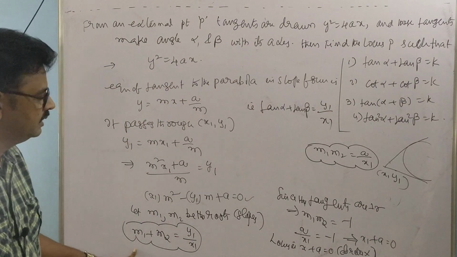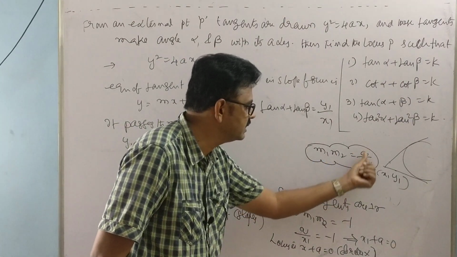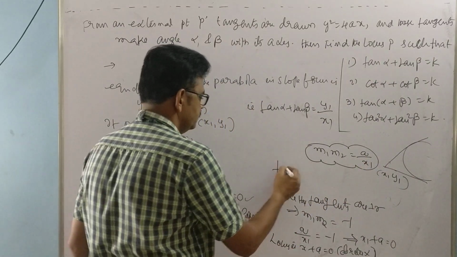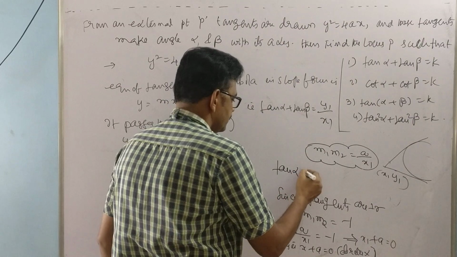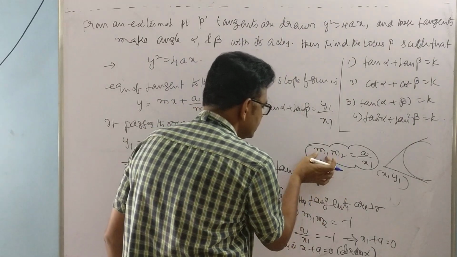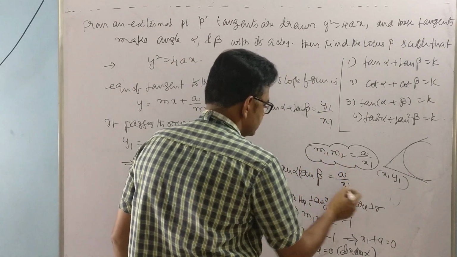The product of roots, c by a, means a by x1. That is tan alpha into tan beta, where m1 is tan alpha and m2 is tan beta, equal to a by x1.